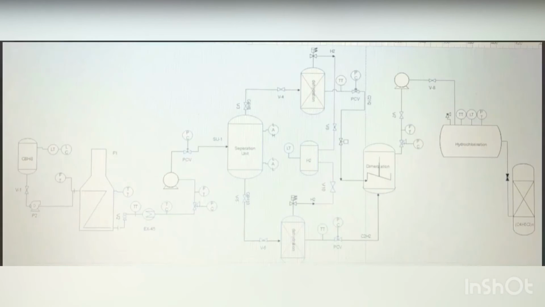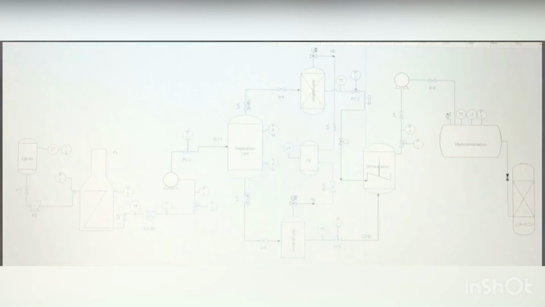After that, octane goes to cracking where the temperature is 400 to 700 degrees Celsius. There is a temperature transmitter to know what the temperature is inside the cracking furnace.